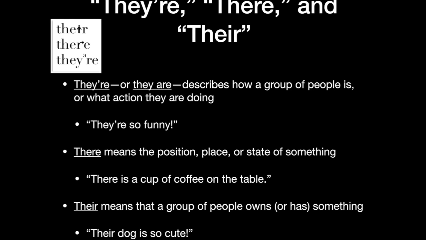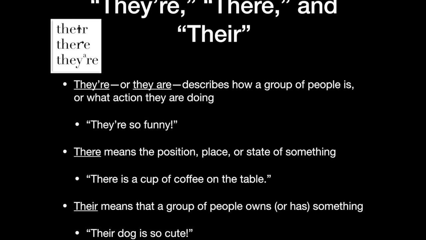The next there, T-H-E-R-E, means the position, place, or state of something. So I could say there is a cup of coffee on the table. I'm telling somebody the position or the place of that cup of coffee. The last their means that a group of people owns or has something.